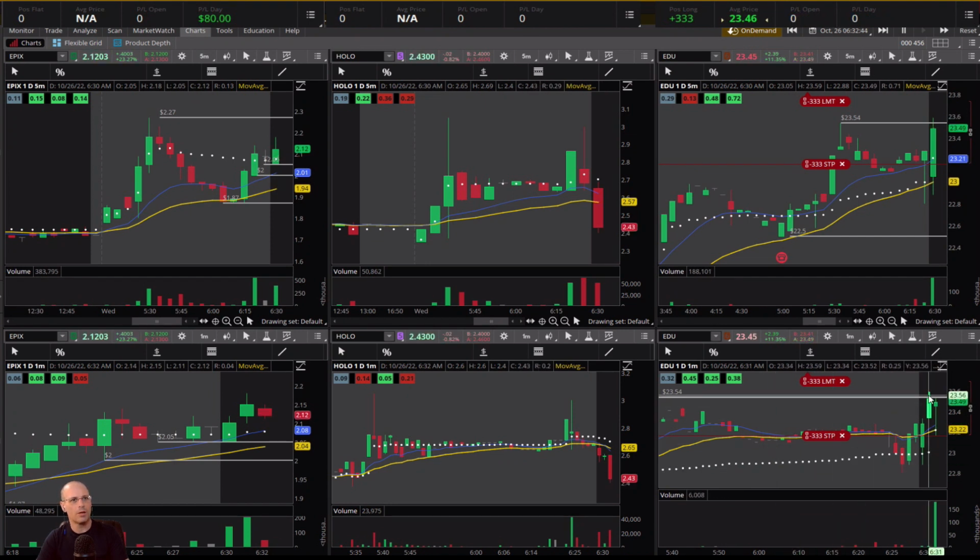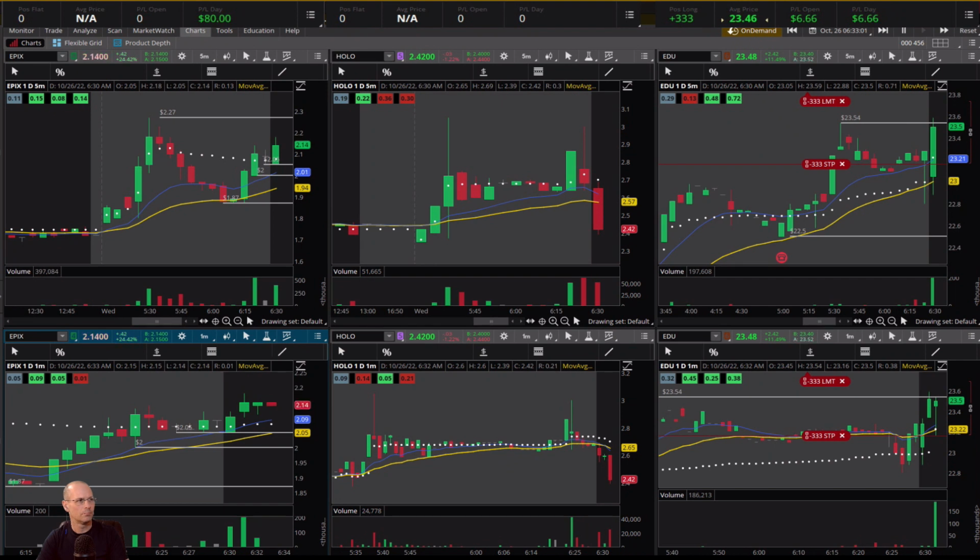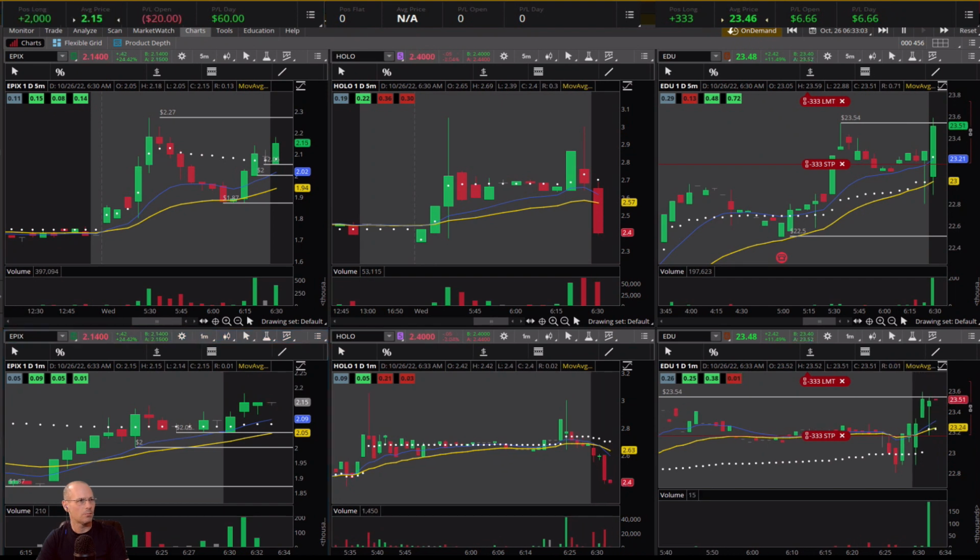I mean, we already got the break through the high, but I want to see it break this last candle. Gonna buy EPIX there.